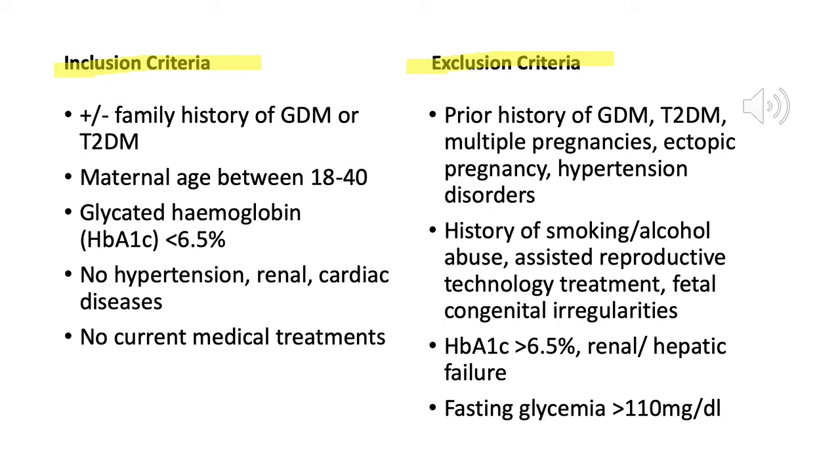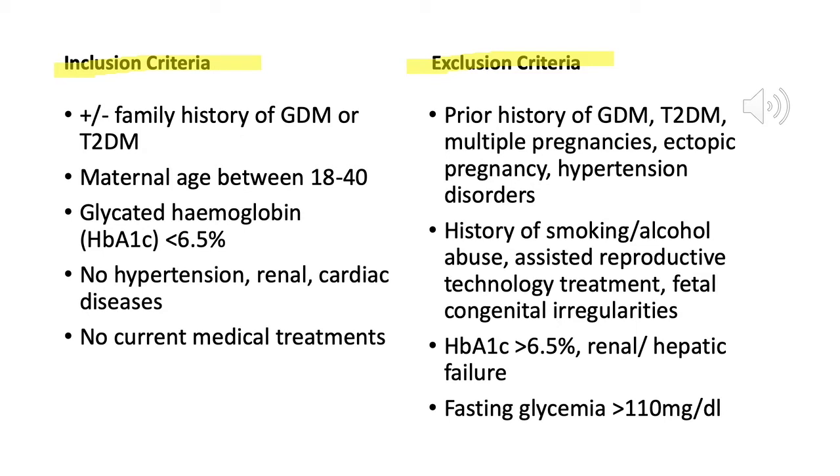The main inclusion data depended on family history of gestational diabetes or type 2 diabetes mellitus, a maternal age between 18 and 40, and a glycated hemoglobin of under 6.5%. The exclusion data was centered around previous medical histories that may affect hormones or glucose absorption and concentration.